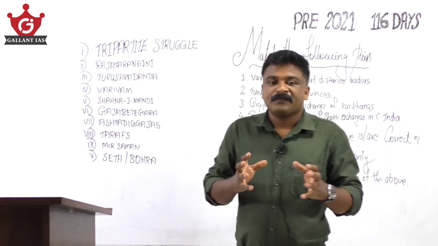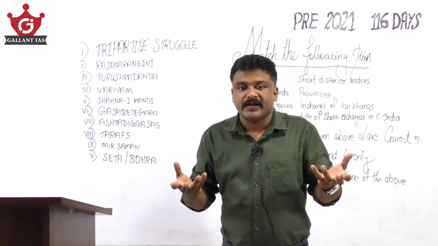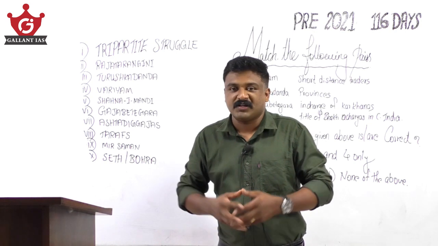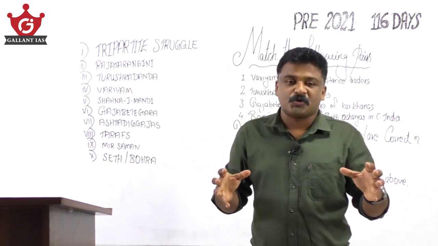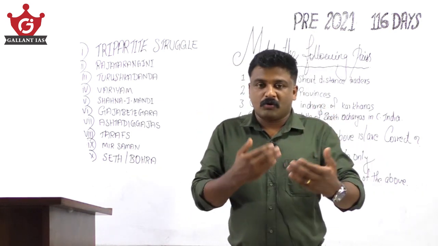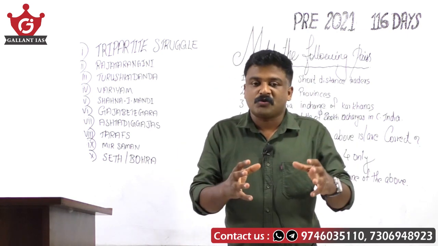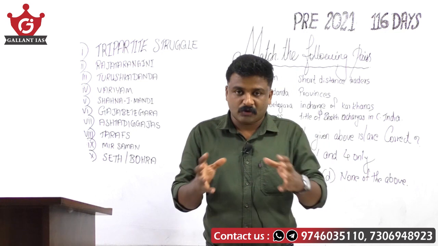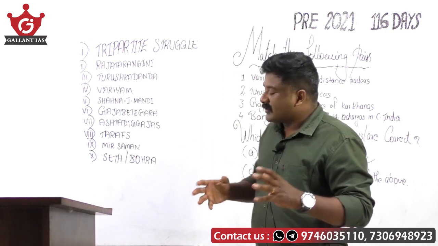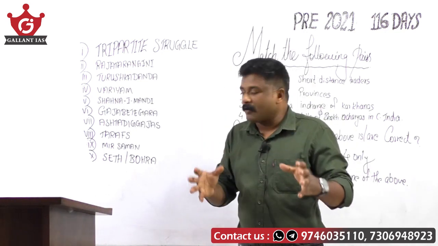Now, Tarafs are from the Bahmani administration, Bahmani kingdom. When you talk about its administration, the provinces were called Tarafs, and the in charge of the Taraf or province is Tarafdar, the provincial governor. So, Taraf is the term which is used for Bahmani provinces.